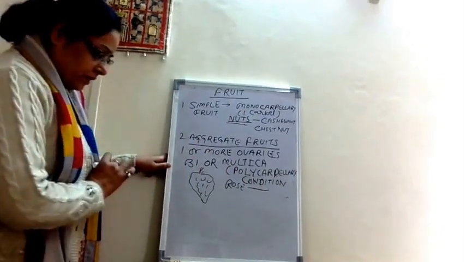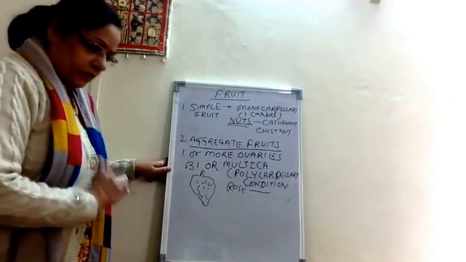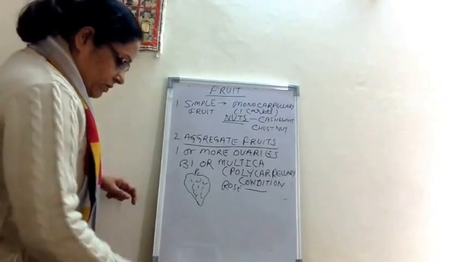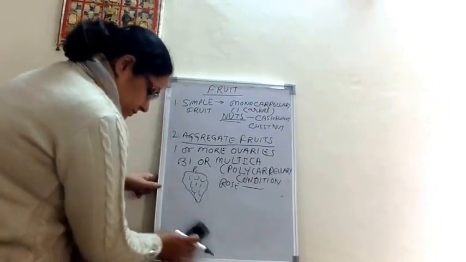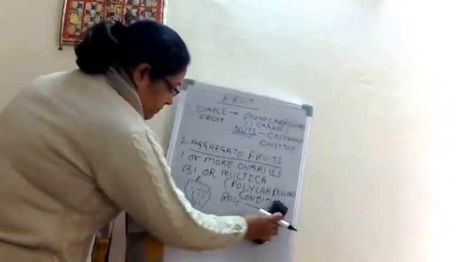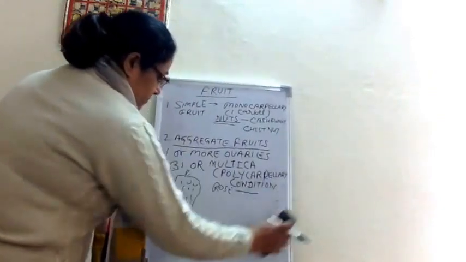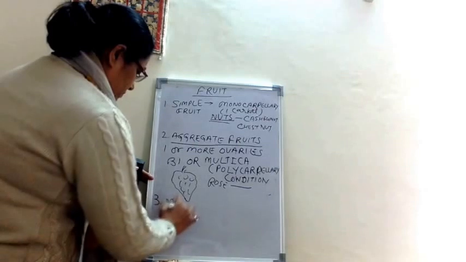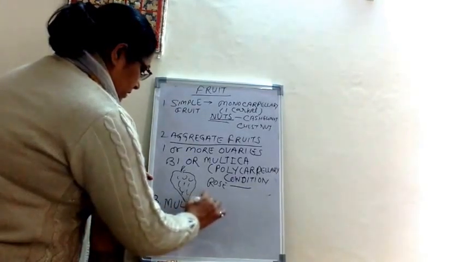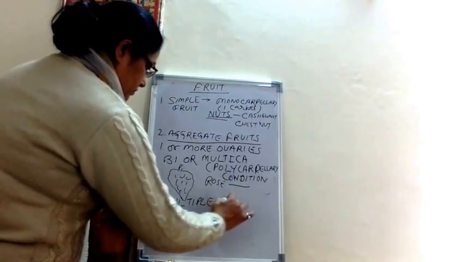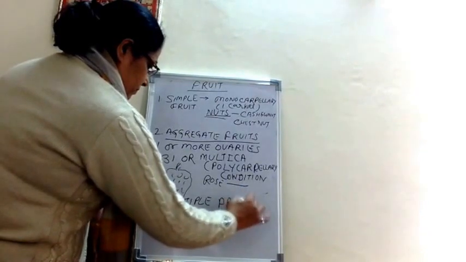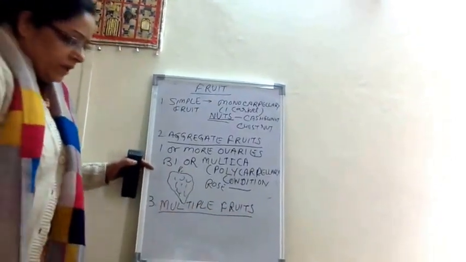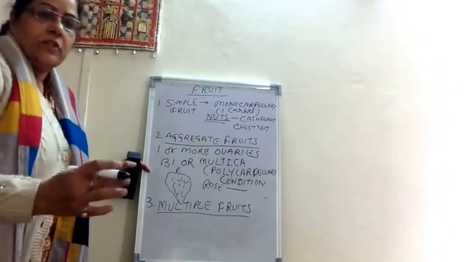And the third category is multiple fruits. Multiple fruits develop from the inflorescence.